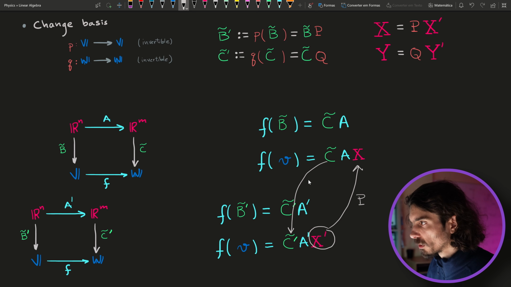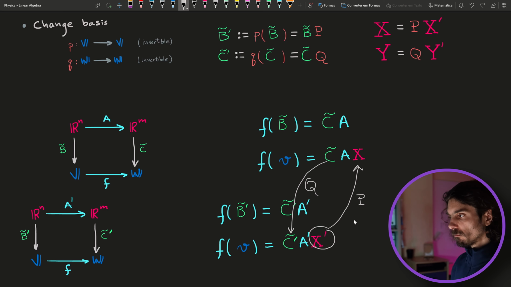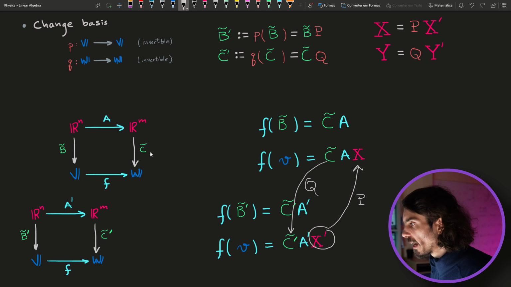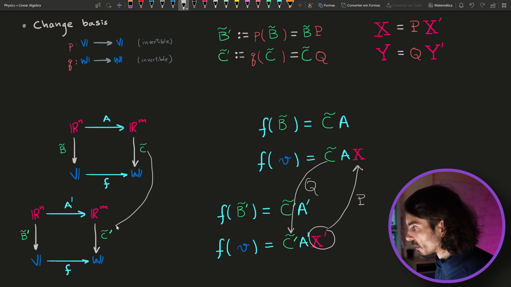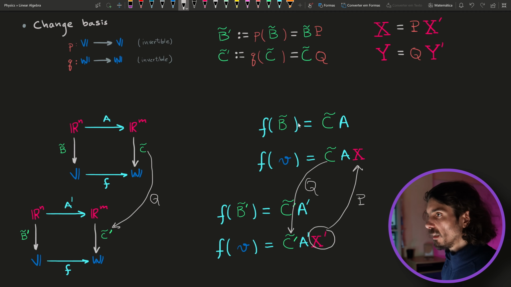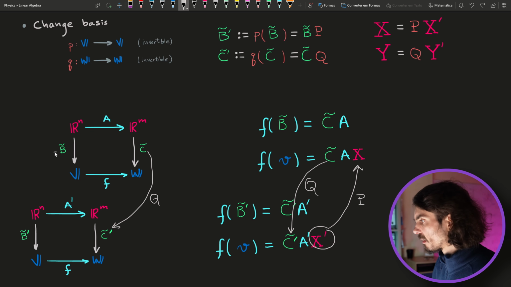From this, I can multiply it by q. On the diagram, from c we get c tilde by multiplying by q. Similarly for b, b tilde gives us b tilde prime by multiplication by p.